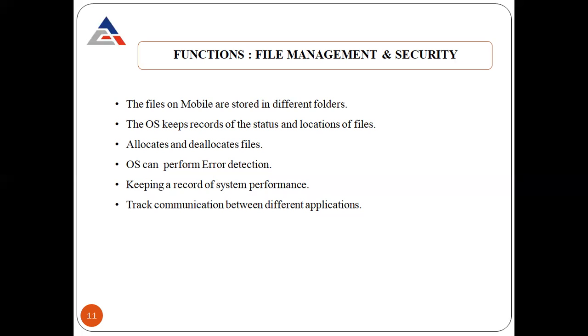The operating system keeps a record of the status and location of files, and the allocation and reallocation of files. The operating system can also perform error detection, keep a record of system performance, and track the communication between different applications.